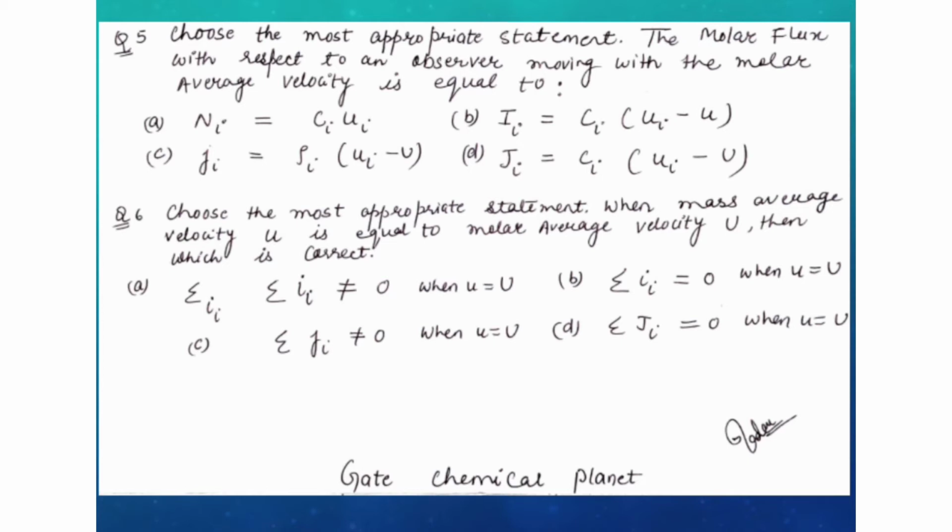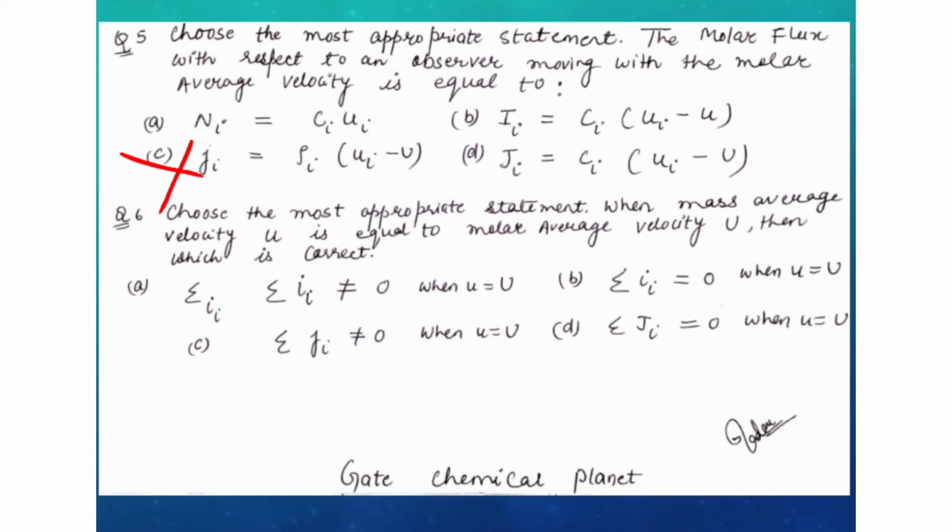So when molar flux is represented by only capital letters, this option is not correct. Now we have 3 options in terms of capital letters. So how will we choose?